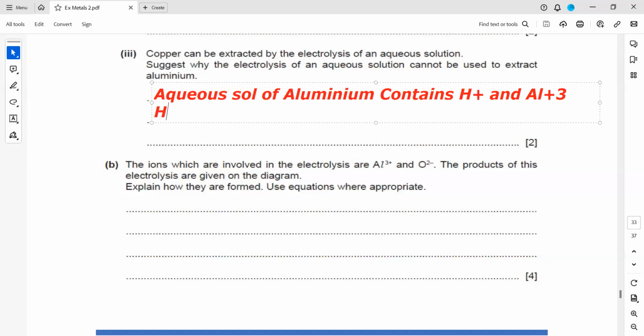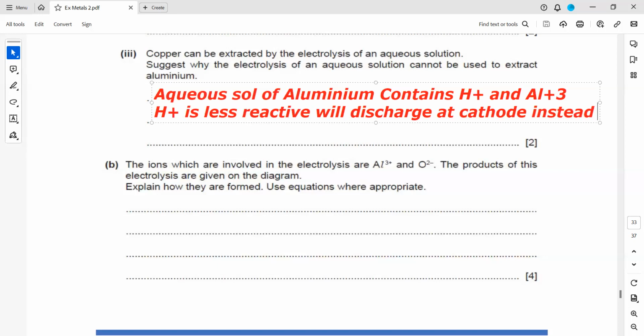Aluminium is more reactive, or hydrogen is less reactive, so hydrogen will discharge at the cathode instead of aluminium. That's why we have to use molten, we cannot use an aqueous solution.